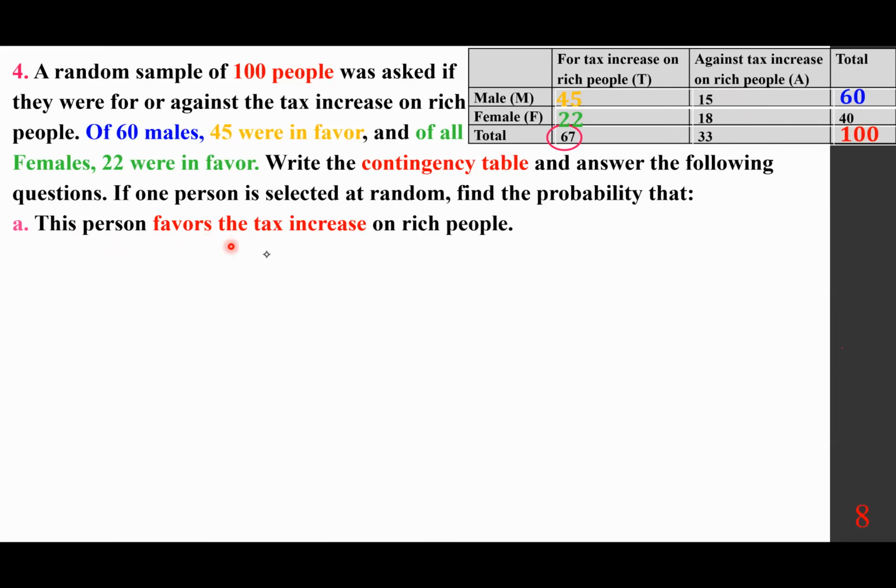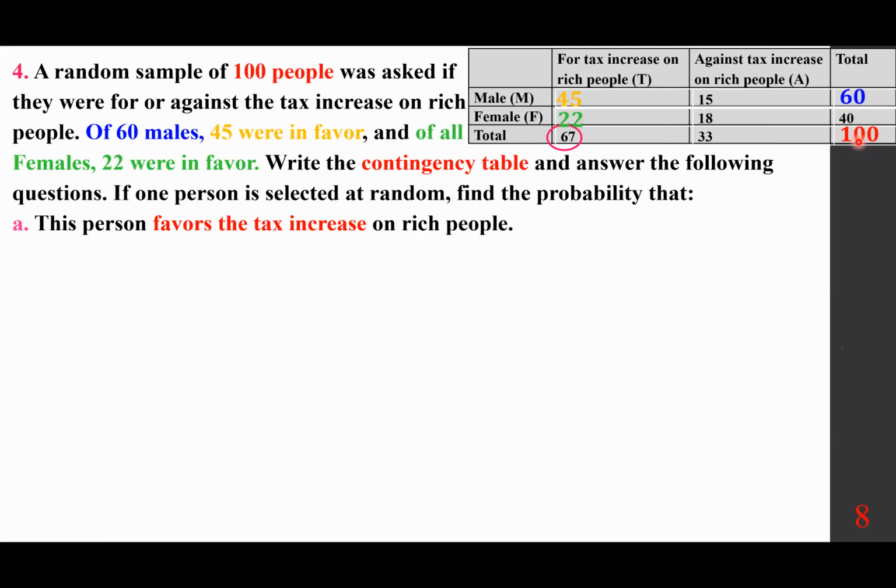Now, this person favors the tax increase on rich people. Whenever you're dealing with a probability, it's either simple probability or known as marginal probability, in which case the sample space is the total size. And in this case it is 100. Whenever I want to do probability, I always start with the sample space of interest. I always start with the denominator.